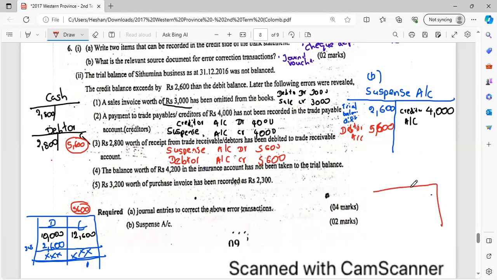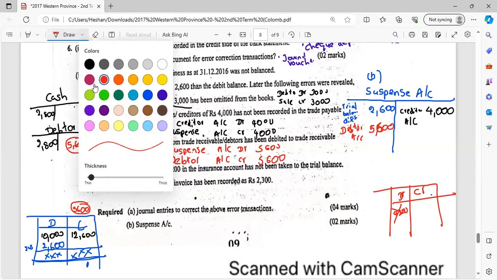Then trial balance එකට ඒක අරගෙන නැහැ. Trial balance එක insurance ඔයා දන්නවා debit side එකේ එන්නේ. කීයක්ද? 4,200. ඒක දාලා නැහැ. So මේක නිසා debit side එකේ 4,200 අඩු වෙනවා. තේරෙනවද? ඒක temporary අපි ලියලා suspense account එකට ගන්නවා.